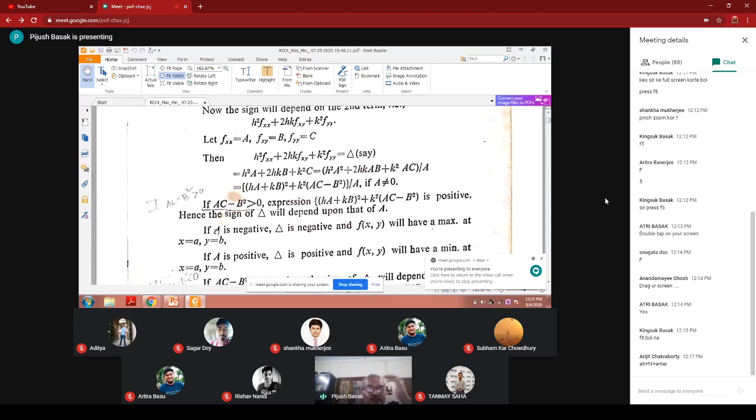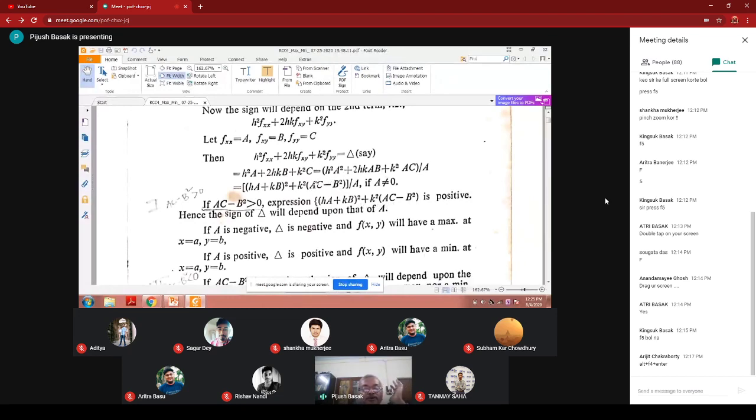Already we have come to the conclusion that from this expression, if AC minus B square is greater than 0, then the expression (hA plus kB) whole square plus k square (AC minus B square) is positive.